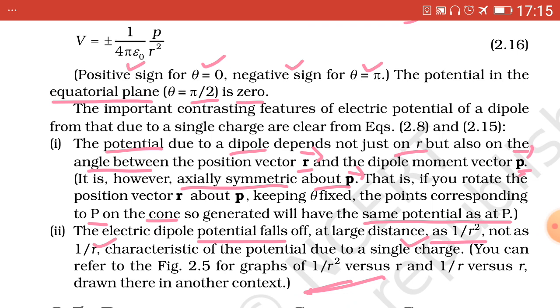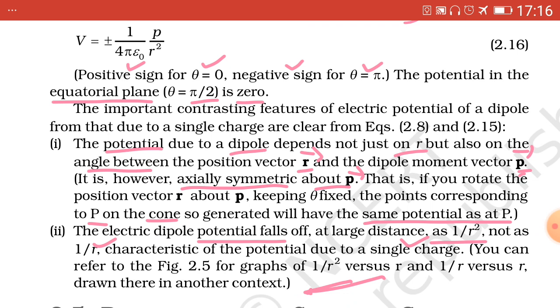First point, the potential due to a dipole depends on r as well as the angle between the position vector, small r vector, and the dipole moment vector, that is vector P. Again I repeat, the potential due to a dipole depends on r and also the angle between the r vector and the P vector.